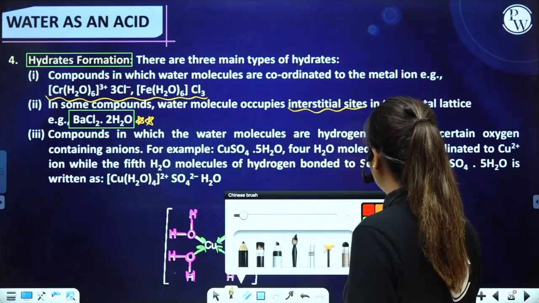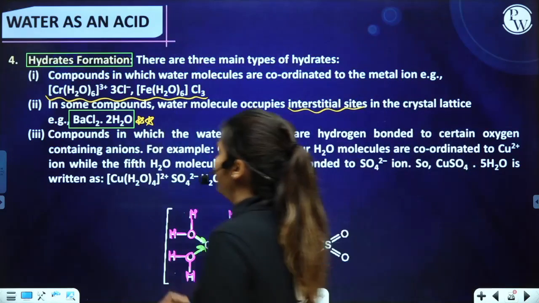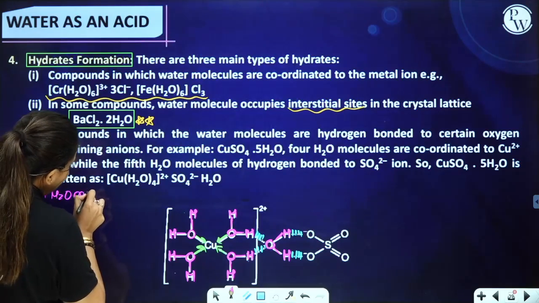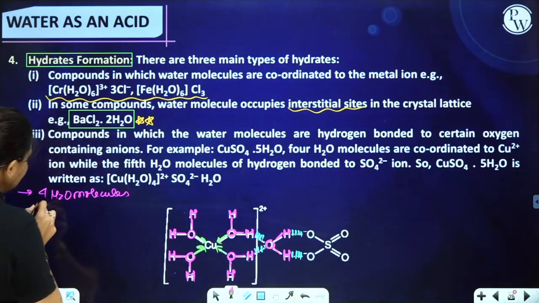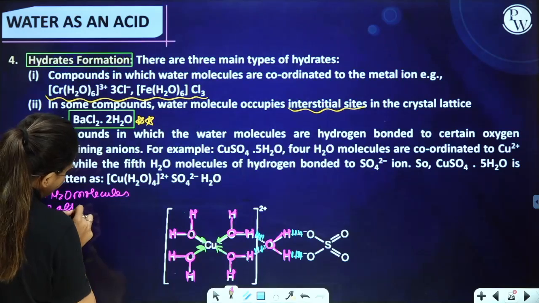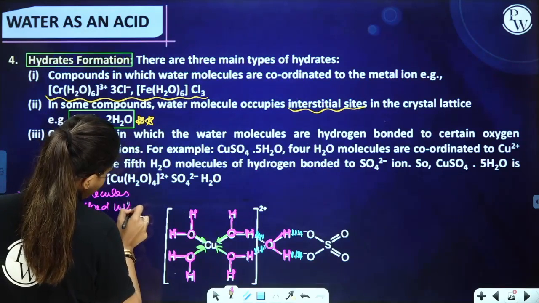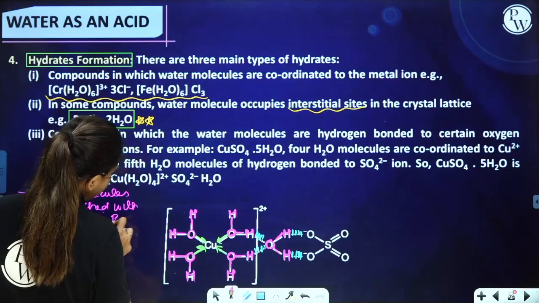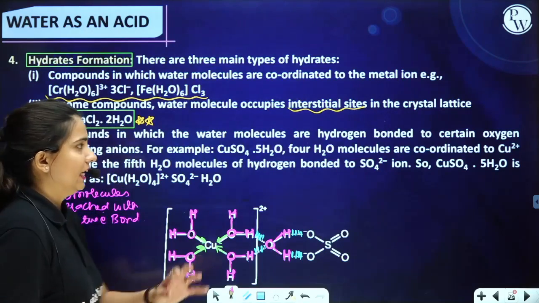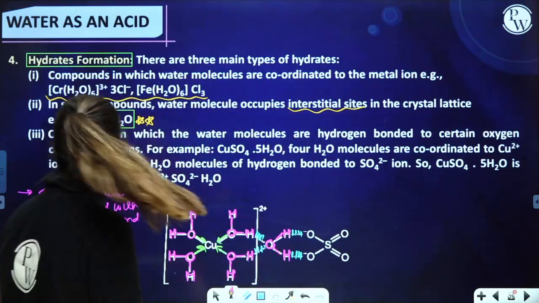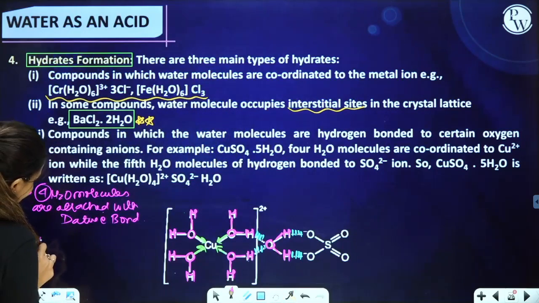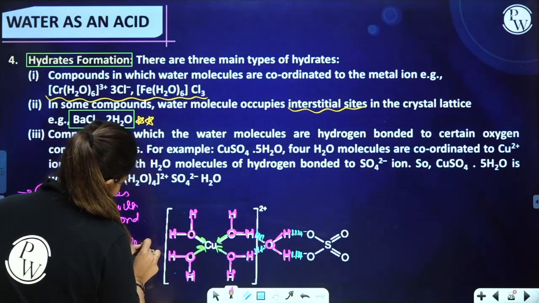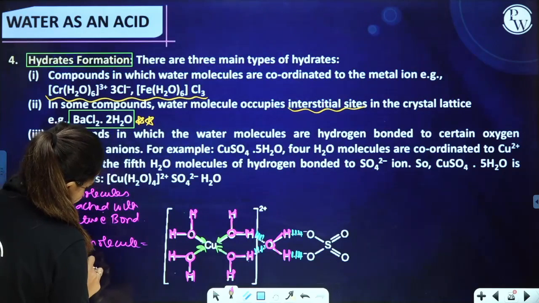So let's discuss over here. I'm writing over here 4 water molecules are attached with dative bond. Dative bond is something when you have an arrow, and I have made that with the green color. So 4 water molecules are attached with the coordinate bond or the dative bond. Okay, 4 water molecules, and 1 water molecule is attached with the help of the hydrogen bond.